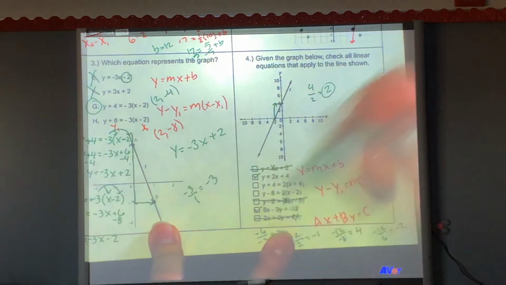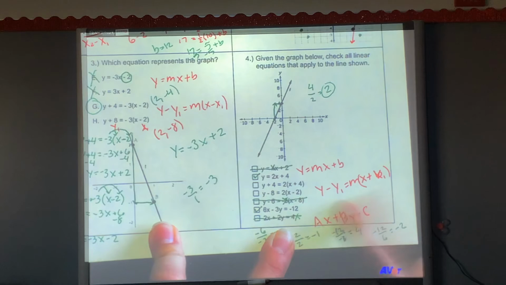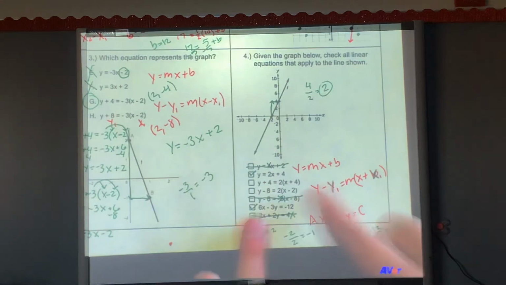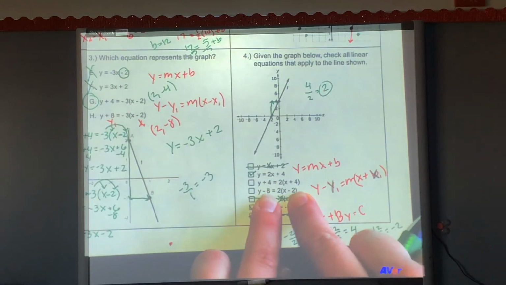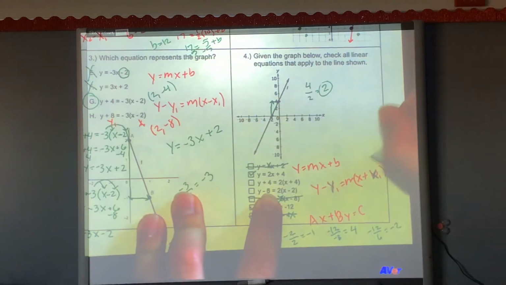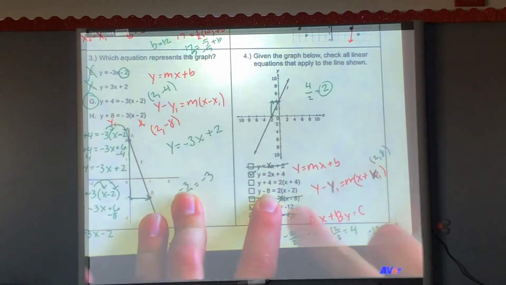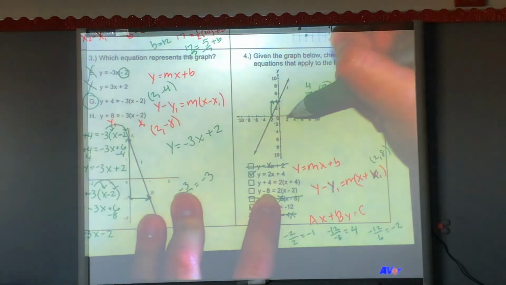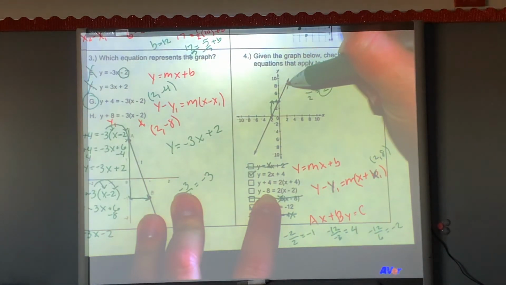The last two we have to check are the ones that are in point slope form. Remember, we can pull out this point. This has an x, and that is the y, and these are coordinates. So if this one is 2, 8, I can figure out if that point is along the line. I'm just going to write it out over here. 2 is x, 8 is y. So 2, 8 is here.